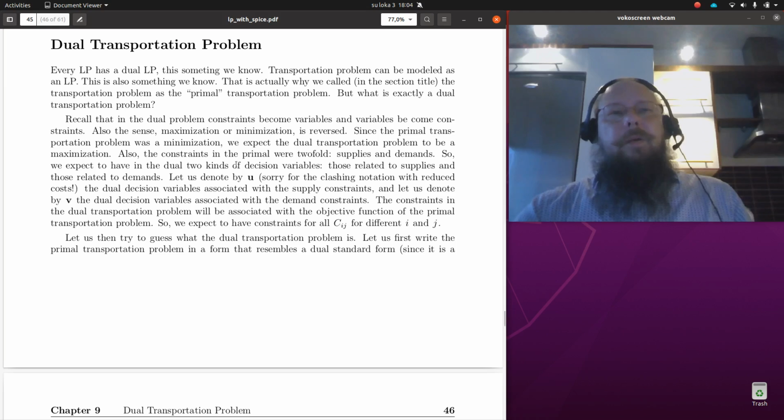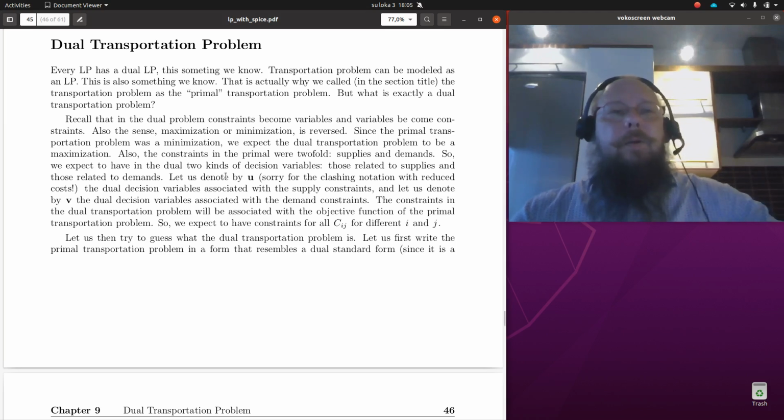Also, the constraints in the primal were basically twofold. They were supplies and demands. So we expect that the dual problem has two types of decision variables, those related to supplies and those related to demands.